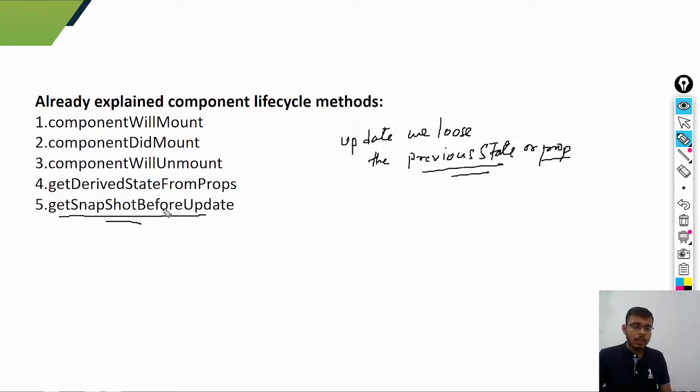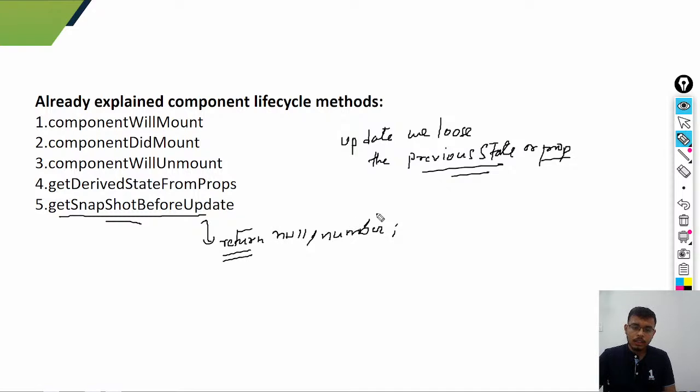This is a method that always has to return something, either a null or a number or anything, but it has to return something.